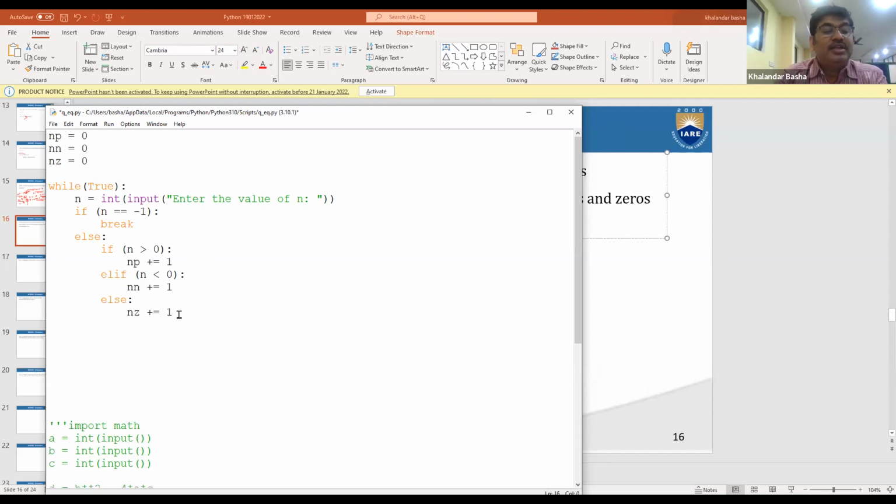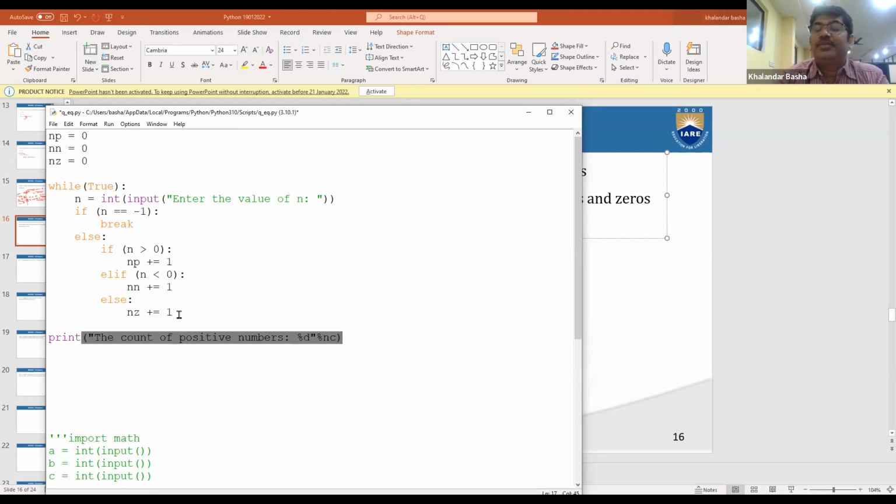Once we have done this, whenever the loop is terminated, I want to print the count of positive numbers. As it is an integer, I'll put %d. Where is the positive count?